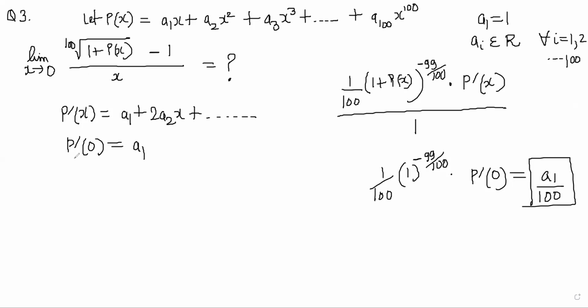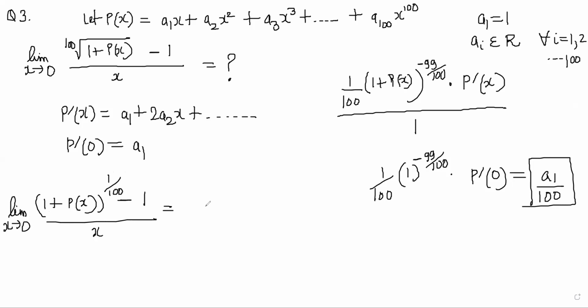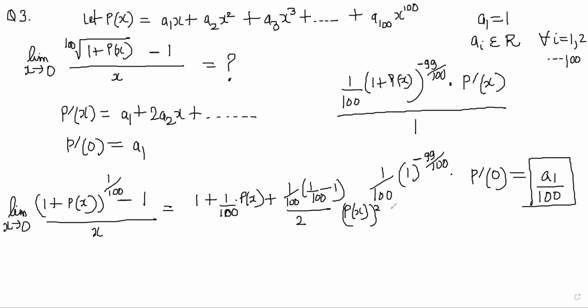The other way to do it is by binomial theorem, where you say 1 plus p of x to the power 1 by 100, minus 1. We can use the binomial series, not approximation, actually the correct series only. 1 plus 1 by 100 into p of x, plus next term will be 1 by 100, 1 by 100 minus 1 by 2 into p of x square, and so on, minus 1, by x.